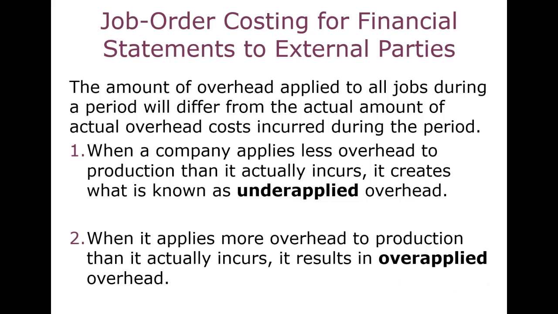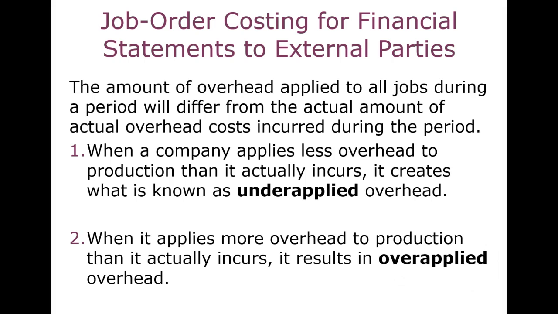Now what we do is use these numbers for both internal and external reporting. The amount of overhead applied to all jobs during a period will differ from the actual amount of overhead cost incurred during the period. What that means is, before we started the period, we estimated what we thought the total manufacturing costs were going to be for the year coming up.